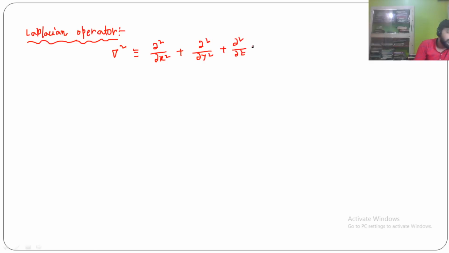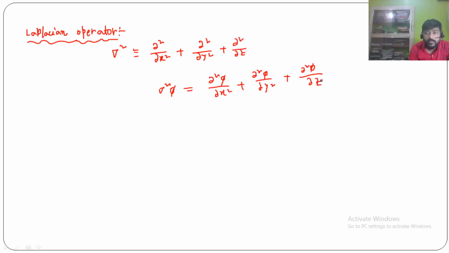If we talk about del square phi, it is del 2 phi del x2 plus del 2 phi del y2 plus del 2 phi del z2.